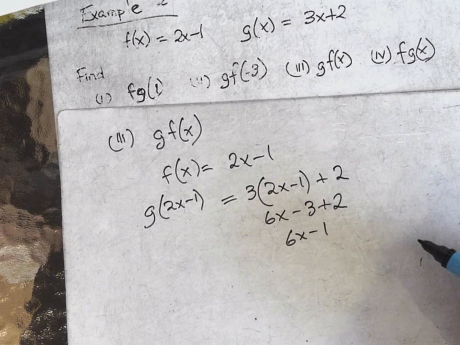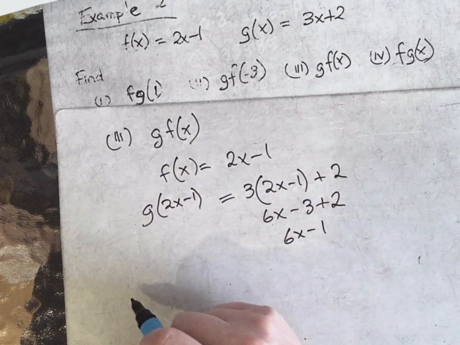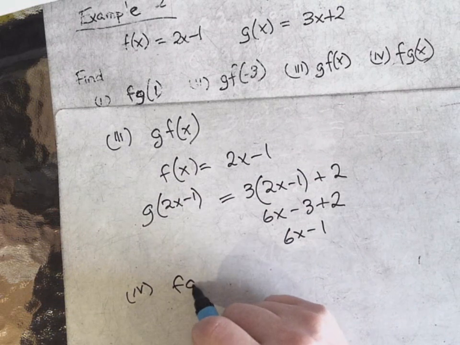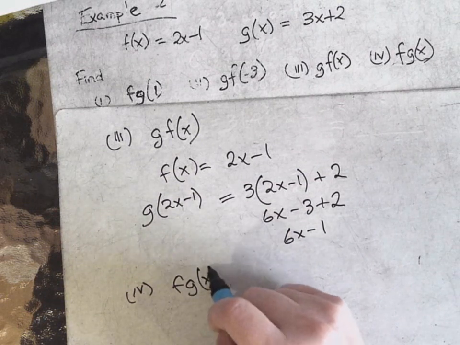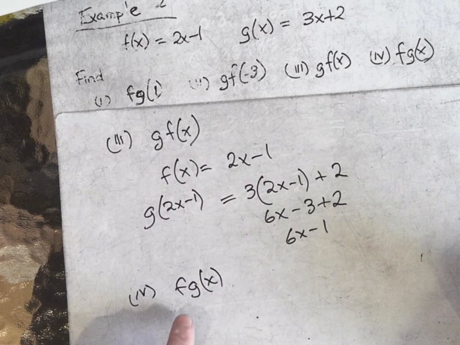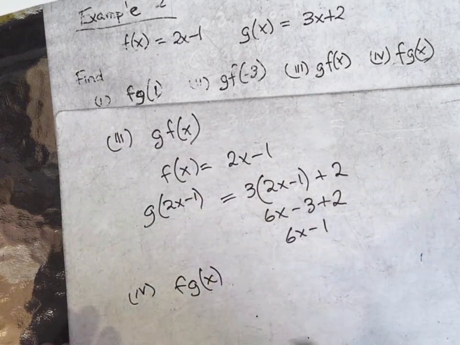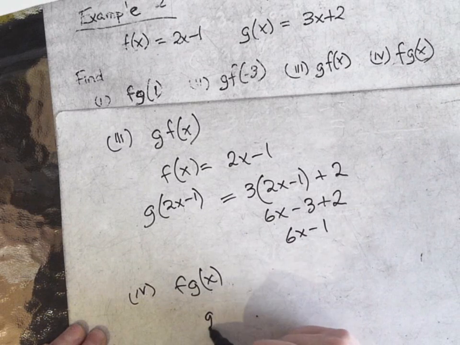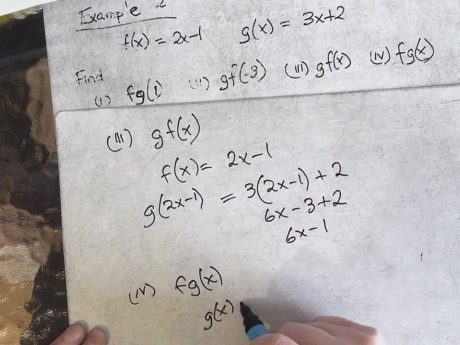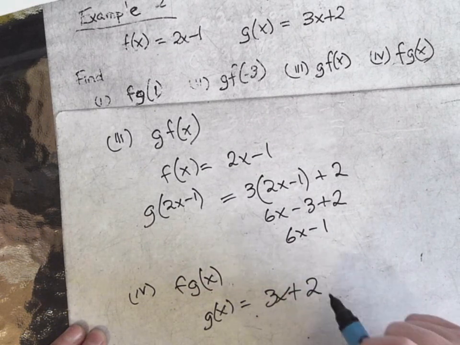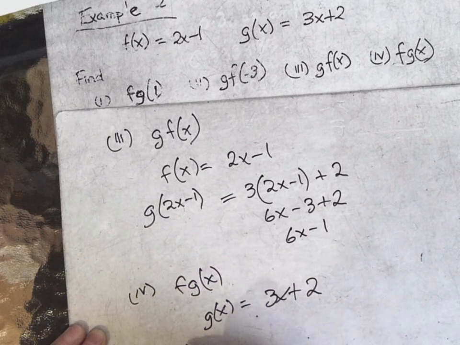Okay, and then the last part, part 4, is f g of x. It's similar, but the opposite way around, because this is g after f, this is f after g. So this time I have to do g first. g of x is 3x plus 2. Then I take that answer, which is 3x plus 2, and put it into f.